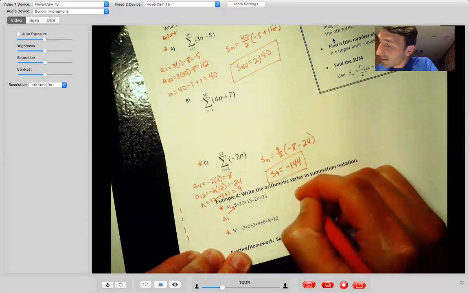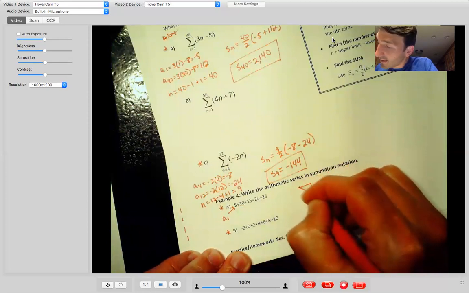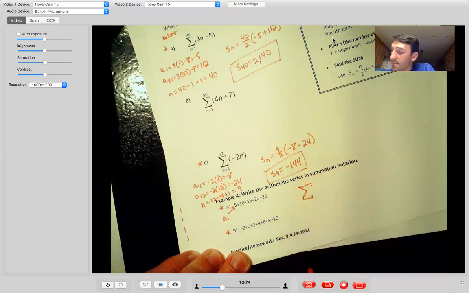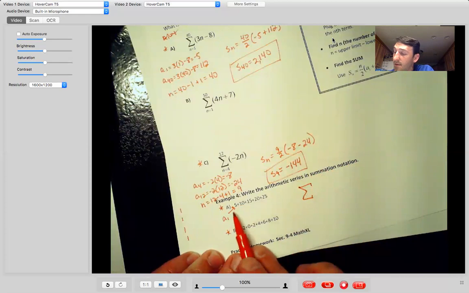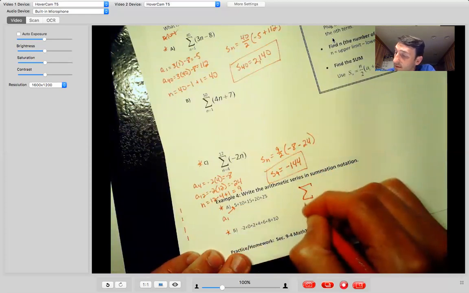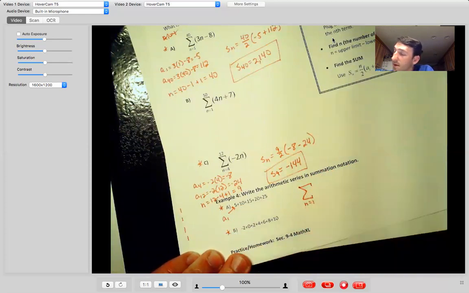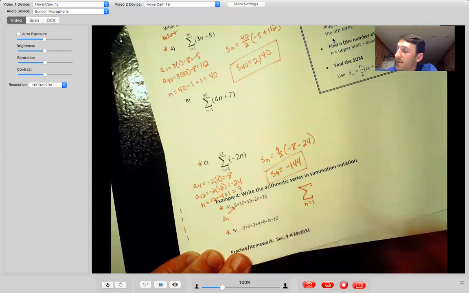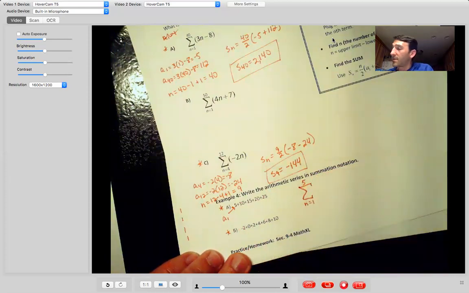So I'll go ahead and make my Greek letter here. All right, so what is my lower limit? Well, that's the first term of the sequence, so we're starting at the first term, and we're going up to which term? So that's 1, a sub 1, 2, 3, 4, 5. So we went to the 5th term, and now we have to come up with the rule.